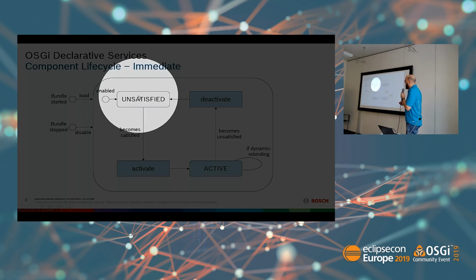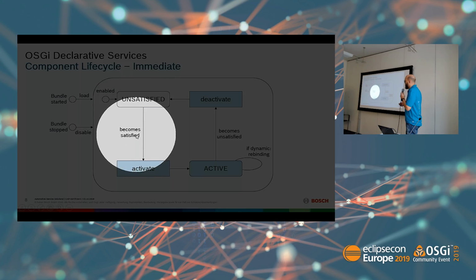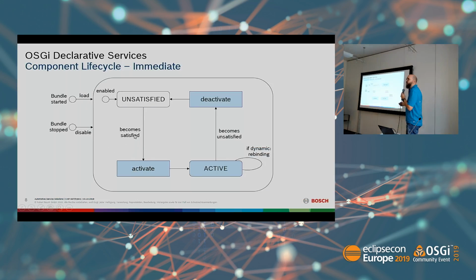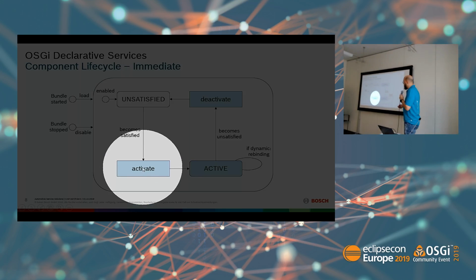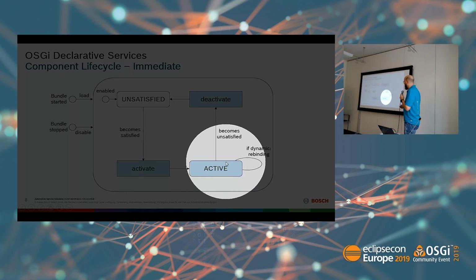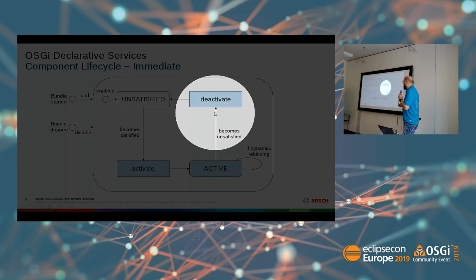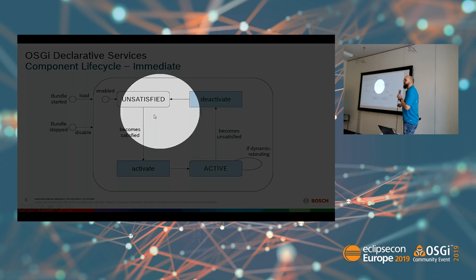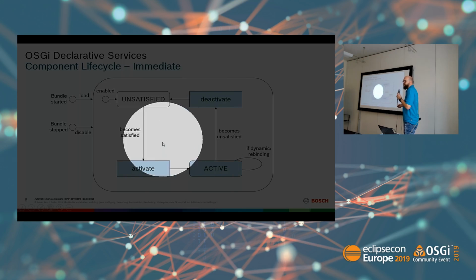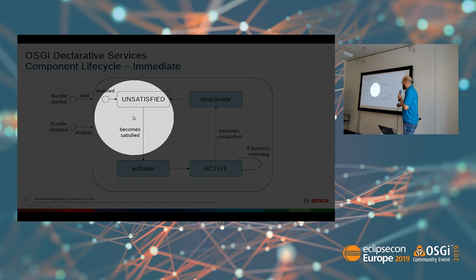It's in an unsatisfied state, and when it becomes satisfied, that means all references are resolved and can be set. It gets activated. It's then in the active state, dependent on several constraints, whether referenced services are dynamic or static. It becomes unsatisfied and deactivated, and then reactivate once it's satisfied again.